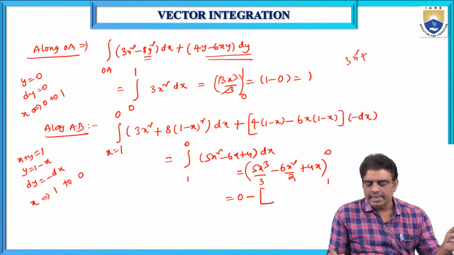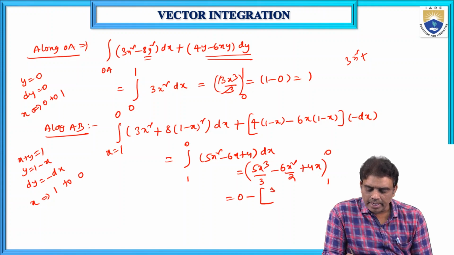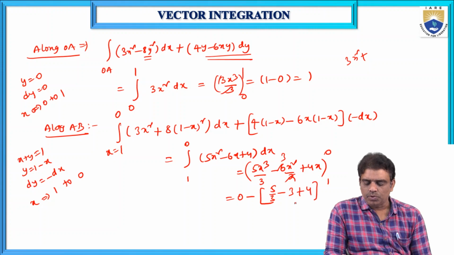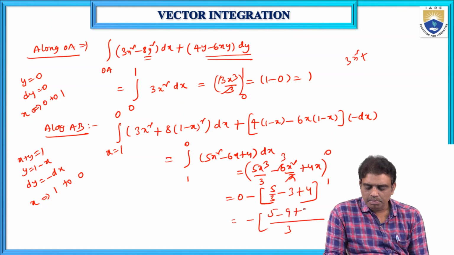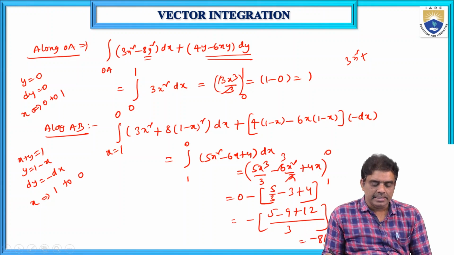For the upper limit x equals 0, the entire term is 0. For the lower limit, 5 by 3 minus 3 plus 4. That means, with LCM 3, 5 minus 9 plus 12, that is 17 minus 9, which is equal to minus 8 by 3. This is along AB.